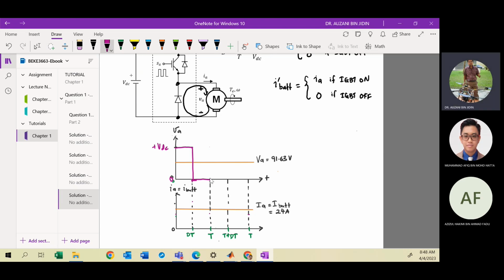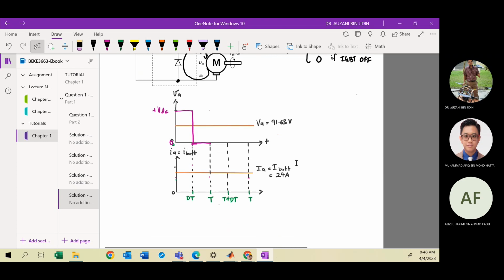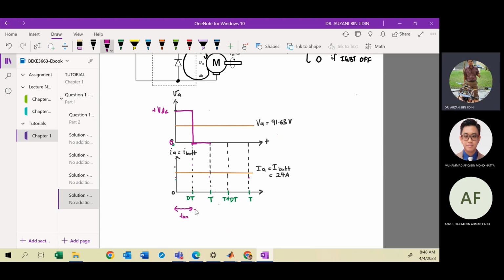From 0 to DT is the time taken for the switch to be on. From DT to T is the duration for the switch to be off. Clear? This waveform will be repeated for the next cycle.